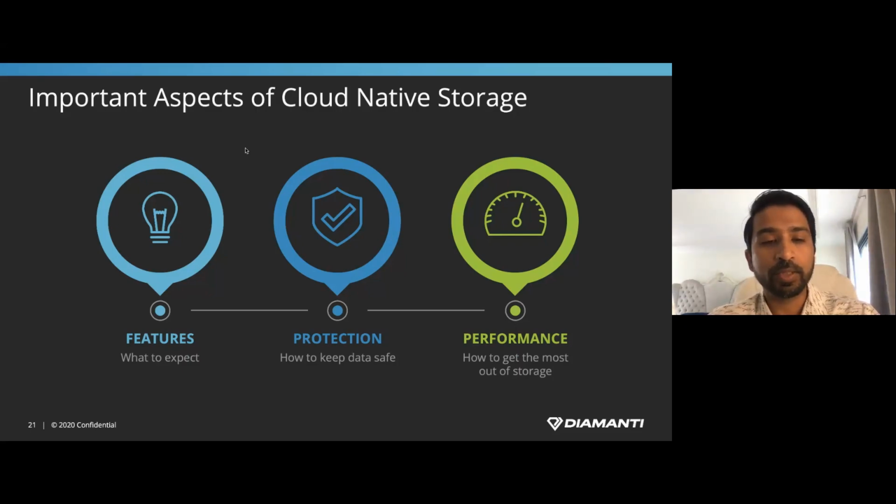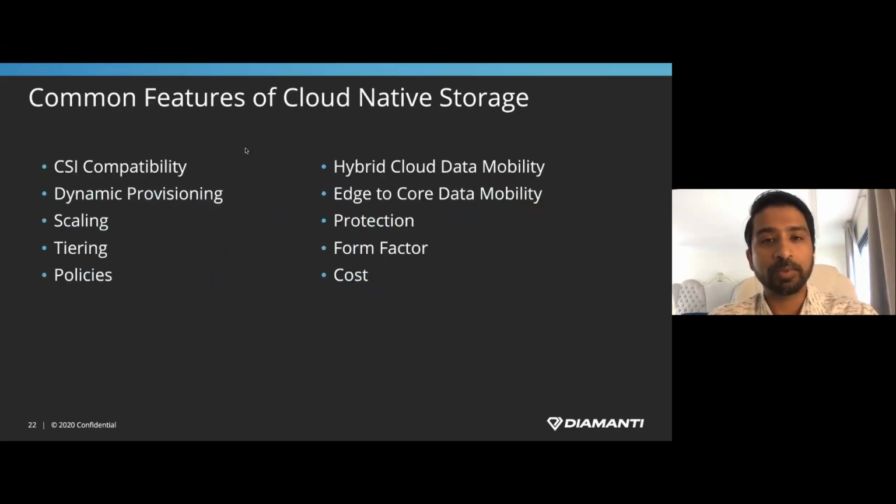You also need to look at all the features provided by the cloud native storage you're trying to use, because now you're moving to containers and Kubernetes. You cannot work with legacy storage software. You need to move on, right? So when you're picking a cloud native storage, you need to look for certain features.